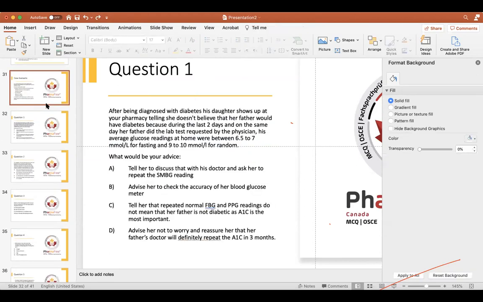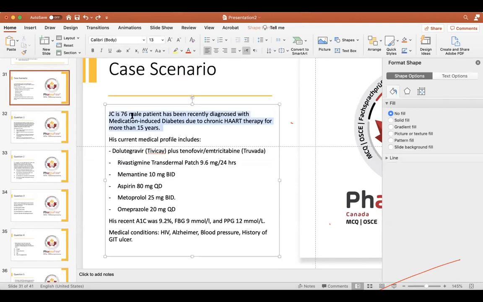What about her father? What was the diagnosis? Is it type 2 diabetes mellitus or medication-induced diabetes because of the medication? One of the side effects of the heart therapy is to increase the blood glucose and cause diabetes. Okay. I didn't notice that.